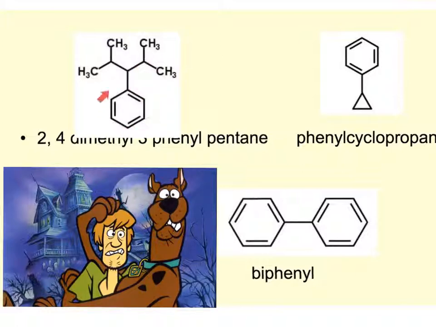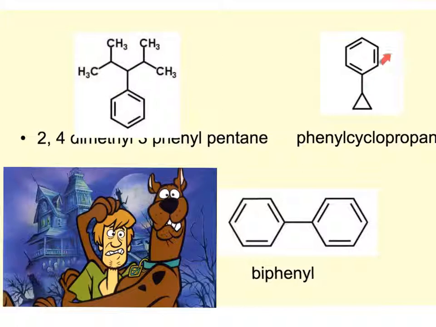Now this right here is coming off of carbon 3. And anytime we have a benzene ring coming off as a chain, we call this a phenyl group. And so we would call this 2,4-dimethyl 3-phenyl pentane.